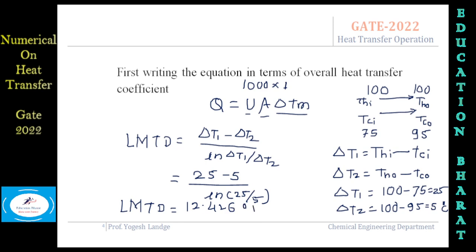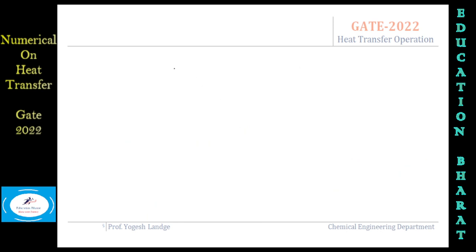Now we will go for the next case where we want to calculate the value of Q. We put in the values of U, A and delta T LM, and we get the value of Q. So Q is equal to U, which is 1000, A is 1, and LMTD is 12.426.